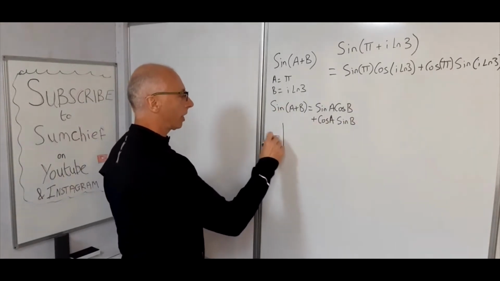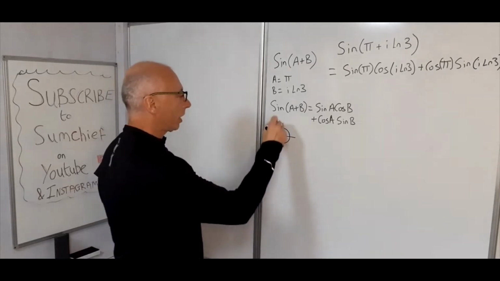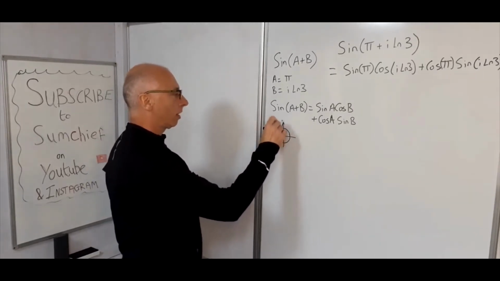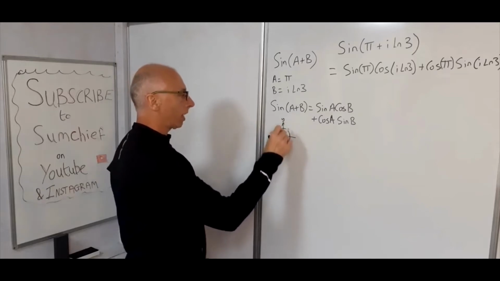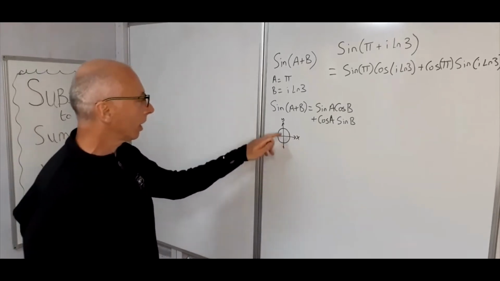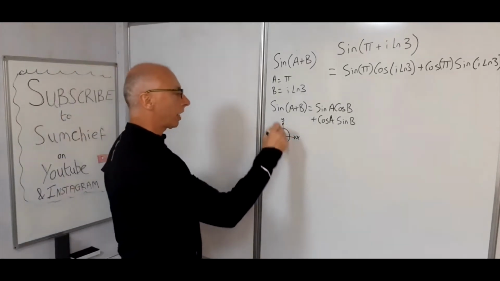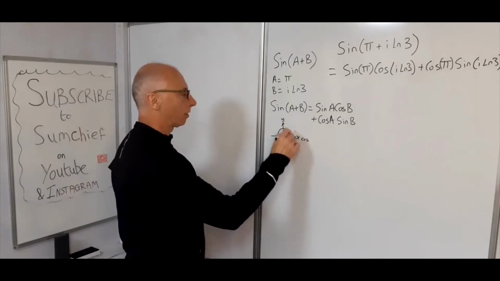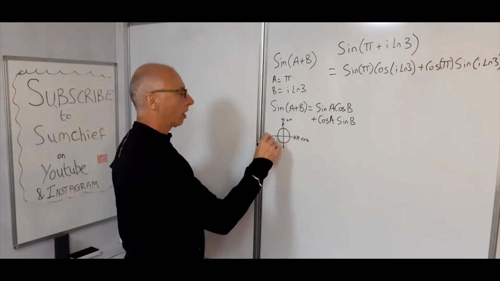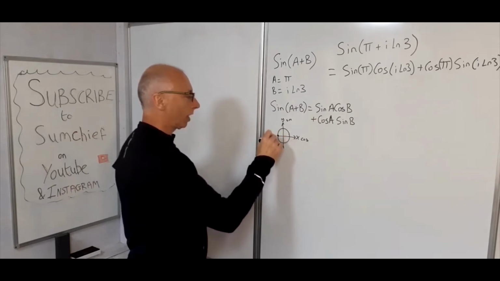So sine of pi, going on the unit circle. Let's say sine is the y-axis, going back to real analysis here rather than complex analysis. So y and x, sine is the y-axis and this will be the cosine. So at pi, if we go around pi, we're here.